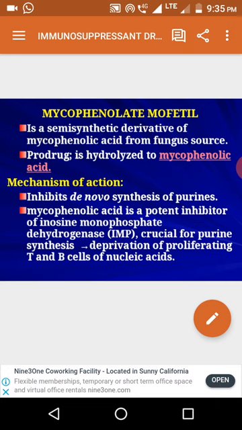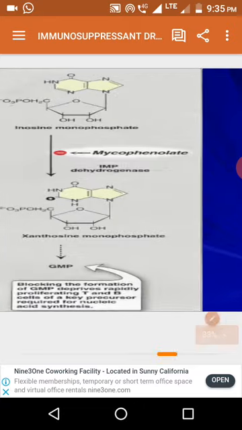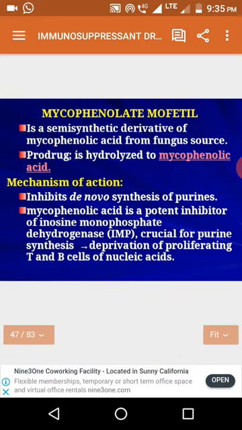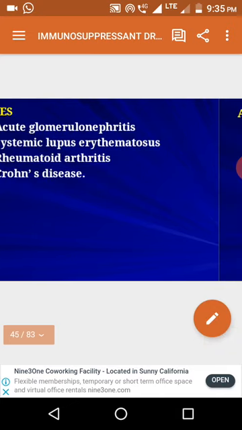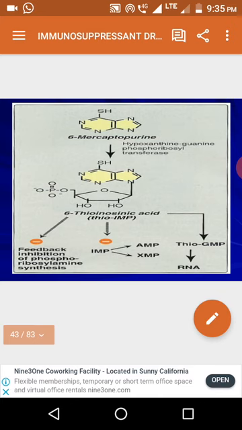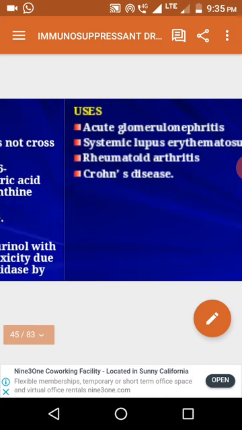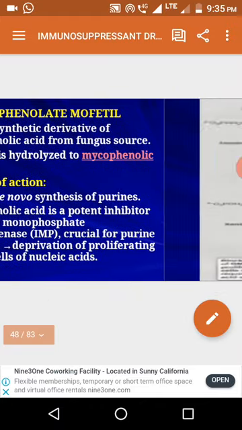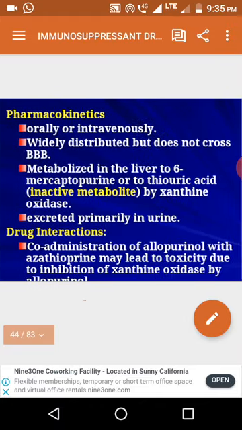Mechanism of action of mycophenolate mofetil. There is a similar mechanism of action that you can observe with six-mercaptopurine, azathioprine, as well as mycophenolate.